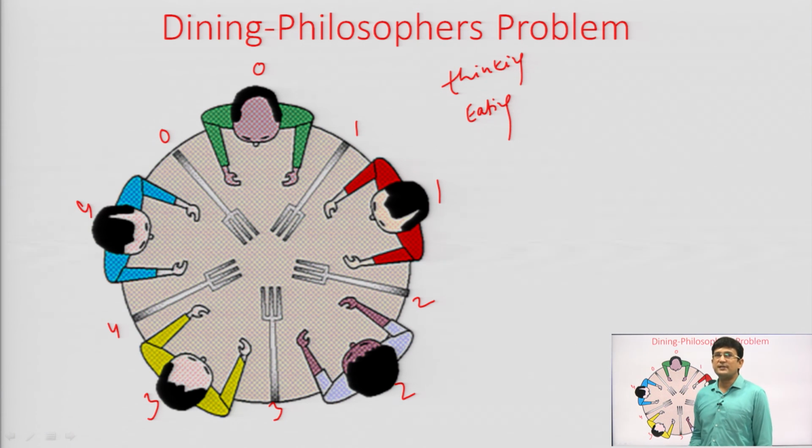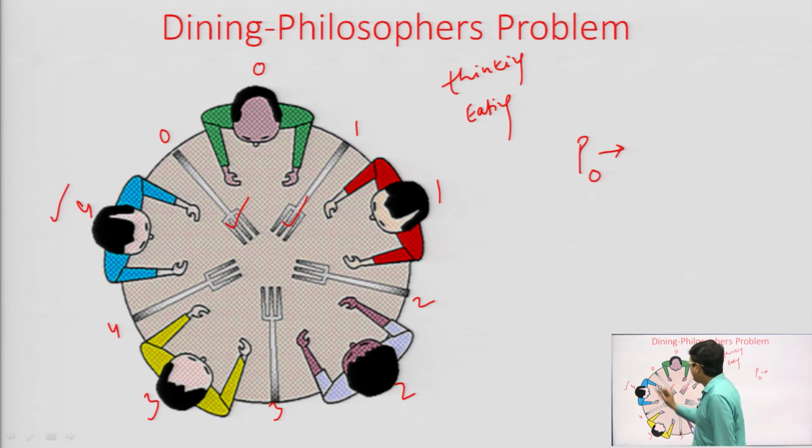So, a philosopher who wants to enter the eating state, the critical section, must have both forks, one on the left and one on the right. You can see that if philosopher 0 enters the eating state, then he must be occupying these 2 forks, 0 and 1.